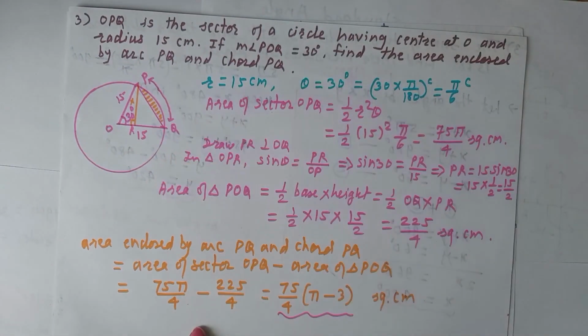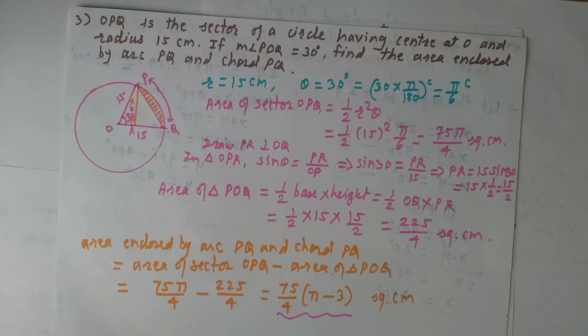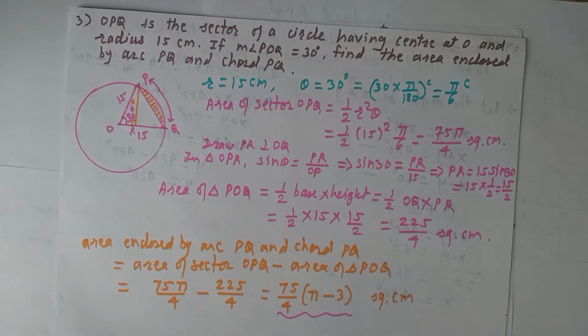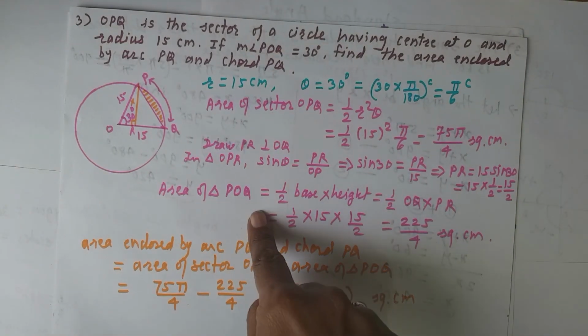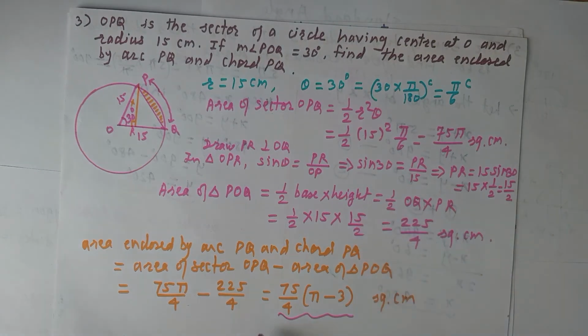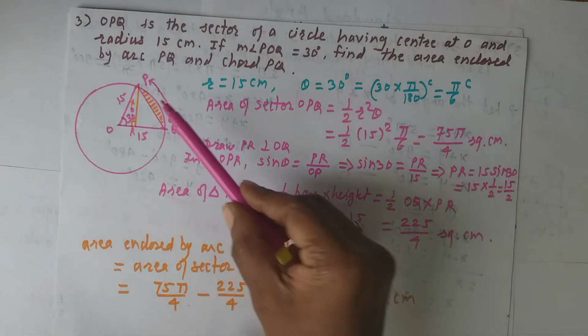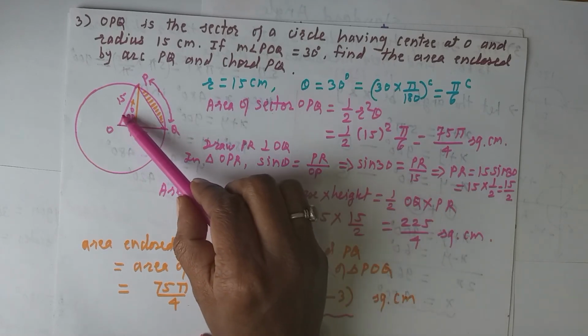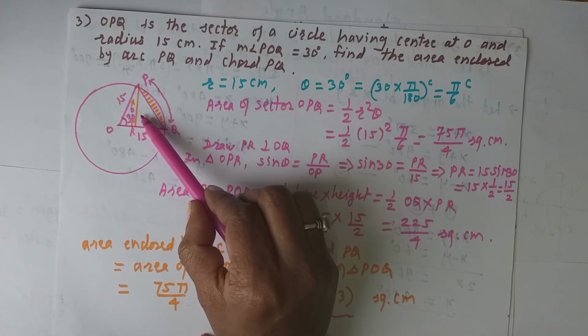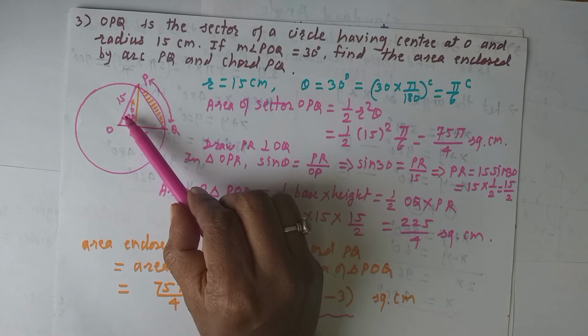This is the shaded area. Okay. See students, to solve such type of problems, it is very easy if you know the formula for area of sector and this trick of how to find the area of a triangle if the height is not given. If the height is not given, you drop a perpendicular from the vertex to the opposite side, then the triangle gets divided into two triangles. Then consider that triangle where the angle is given.